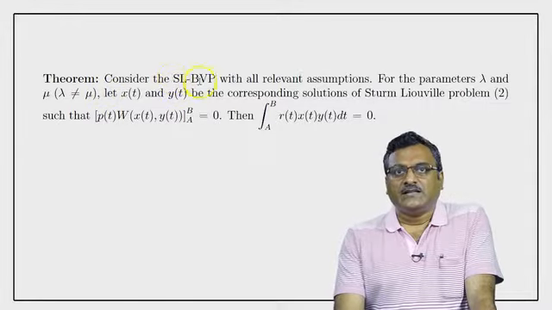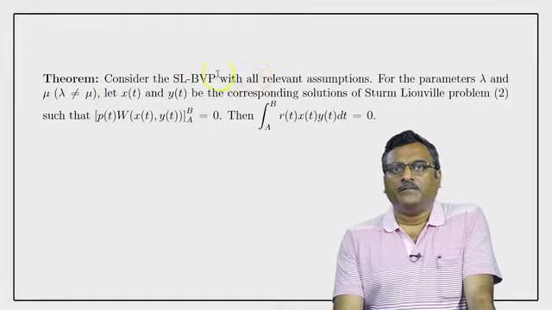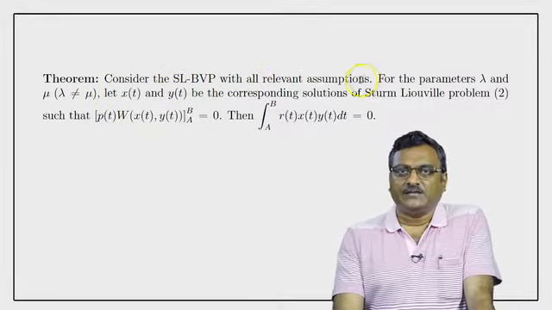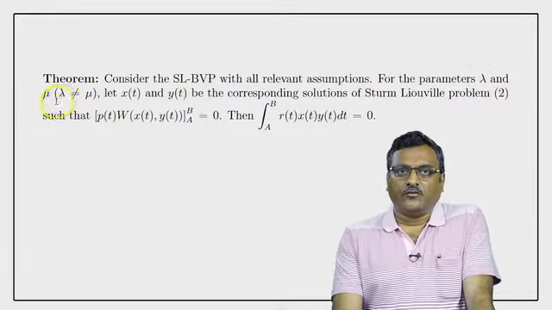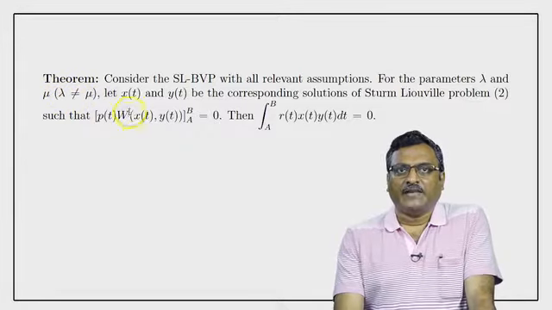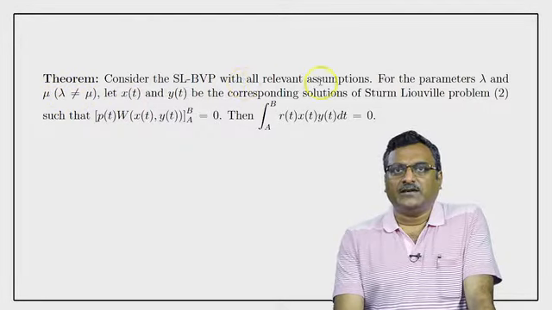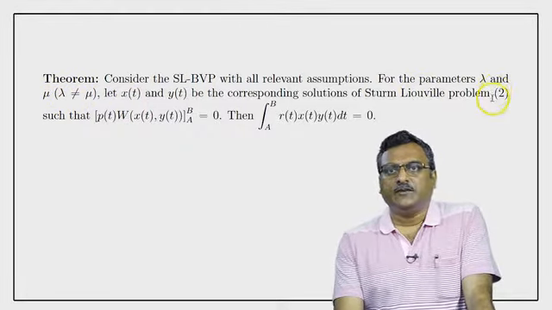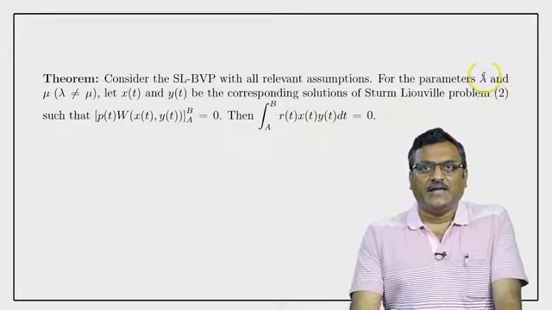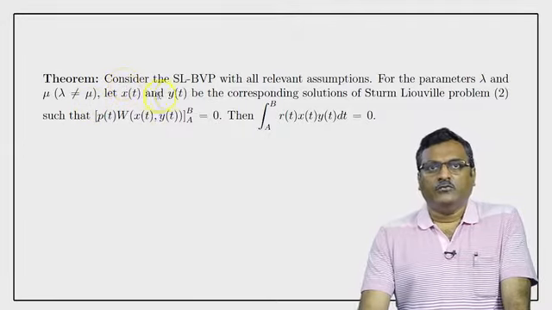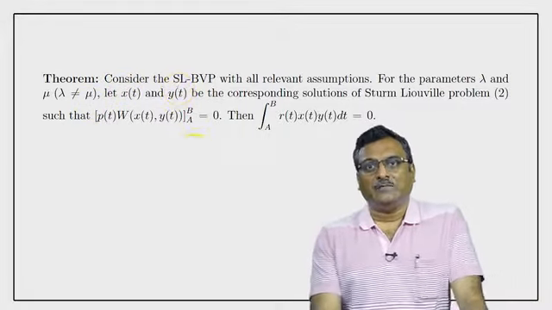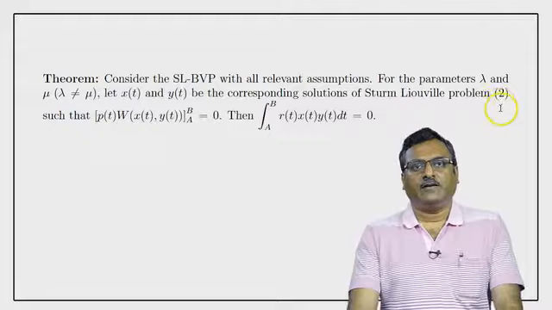Now consider the Sturm-Liouville boundary value problem with all relevant assumptions. For the parameters lambda and mu, of course lambda not equal to mu, let xt and yt be the corresponding solutions of the Sturm-Liouville boundary value problem. In other words, lambda comma xt and mu comma yt are two eigenpairs for the Sturm-Liouville boundary value problem.